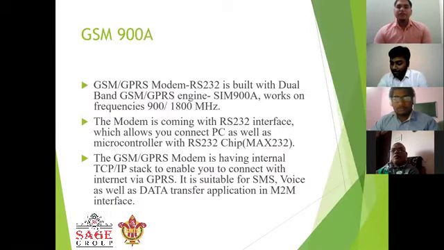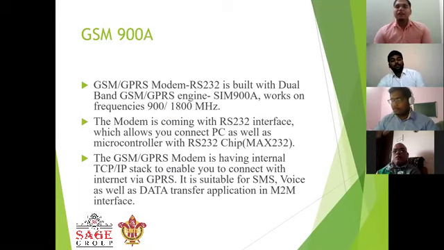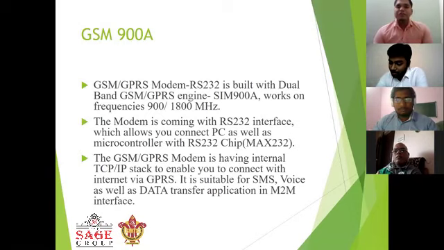We are using the GSM 900A because 900 stands for 900 to 1800 frequency, and by the frequency we can understand it's a 3G SIM module, and it has inbuilt RS-232. So it also has GPRS, but GPRS is very slow for internet.